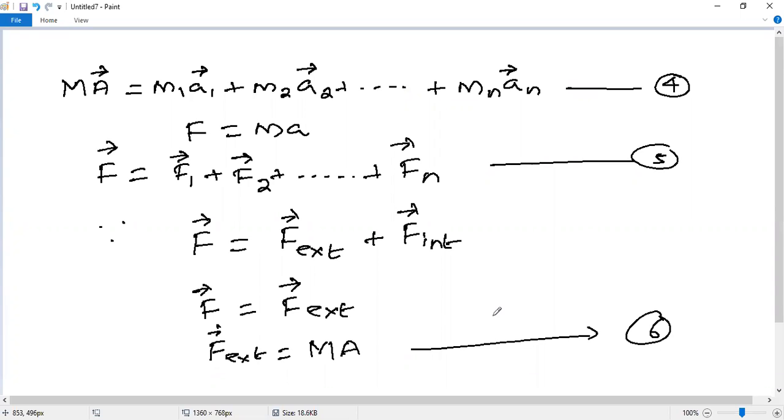R vector equals m1 r1 vector plus m2 r2 vector plus up to mn rn vector, divided by m1 plus m2 plus m3 plus etc. up to mn. That is the position vector formula. One time differentiation, you will get velocity. One more time differentiation, that is the acceleration. Acceleration into mass equal to force. That's all.